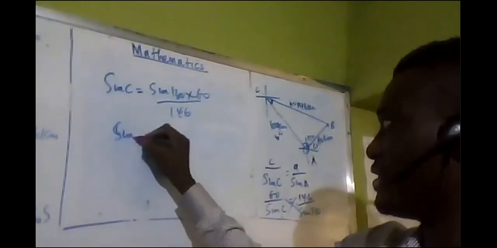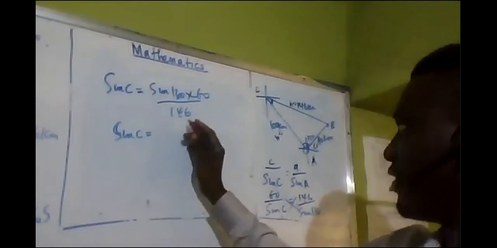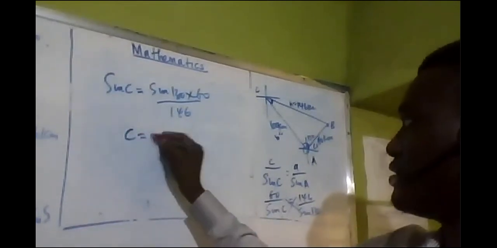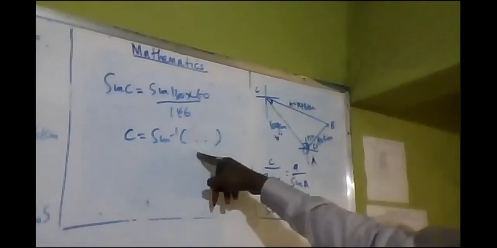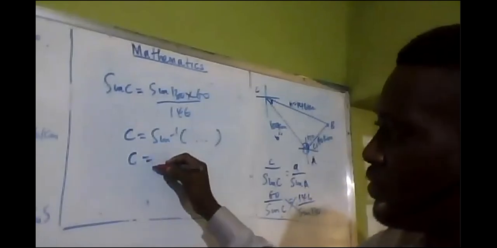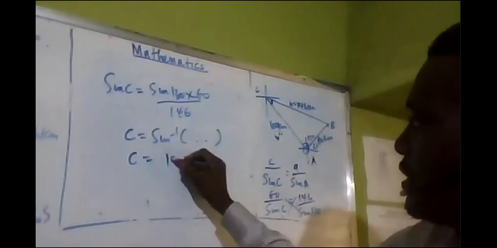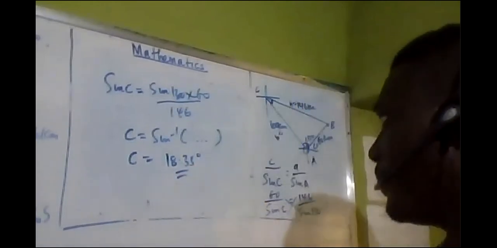Our final answer C will be the inverse sine of that value, using 4 decimal places, and our final answer will be 18.35 degrees. That is what you will get if you have done it properly.